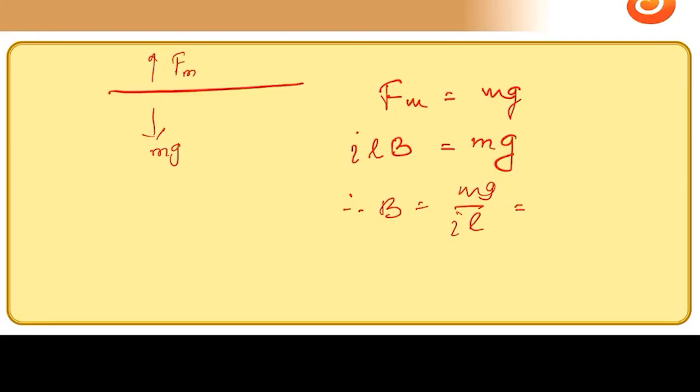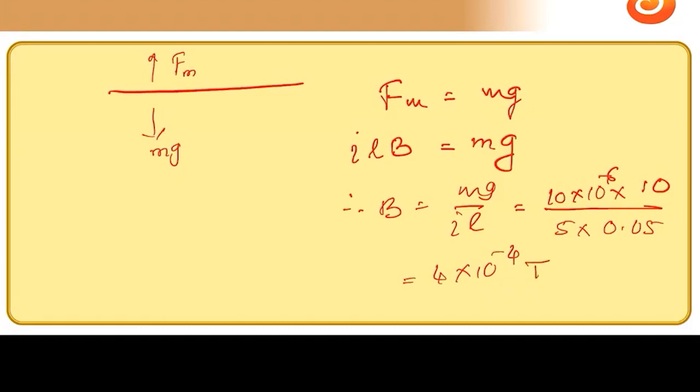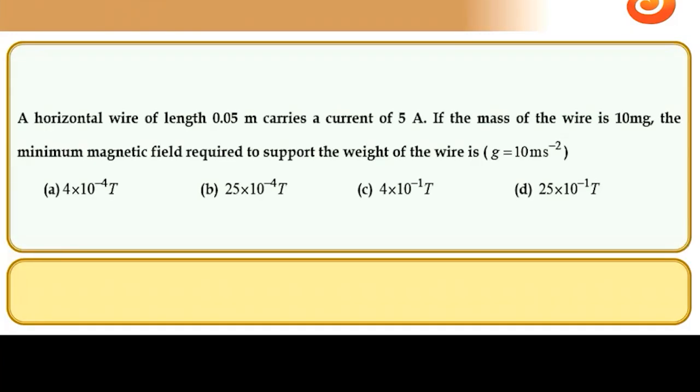What are the values? 10 milligram into 10 whole divided by current is 5 ampere and the length is 0.05, and that gives us 4 into 10 to the power of minus 4 Tesla. So the minimum magnetic field required to balance it is 4 into 10 to the power of minus 4 Tesla. That is the correct choice.